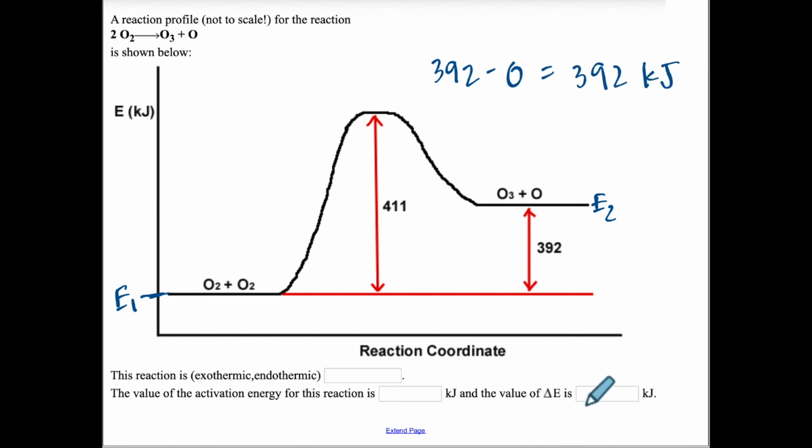So here we would put positive 392. Because delta E is positive, it's going to be endothermic, meaning it has taken in energy. And then on an endothermic reaction, our activation energy is going to be much larger. So we have a 411 kilojoule activation energy in this case.